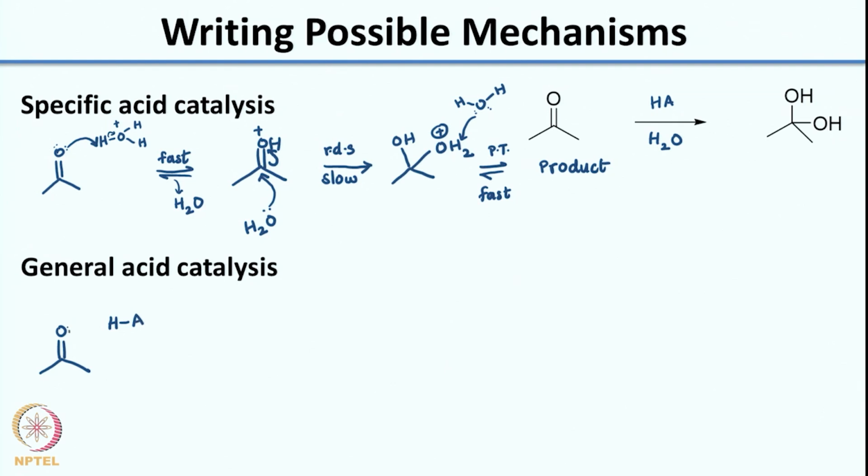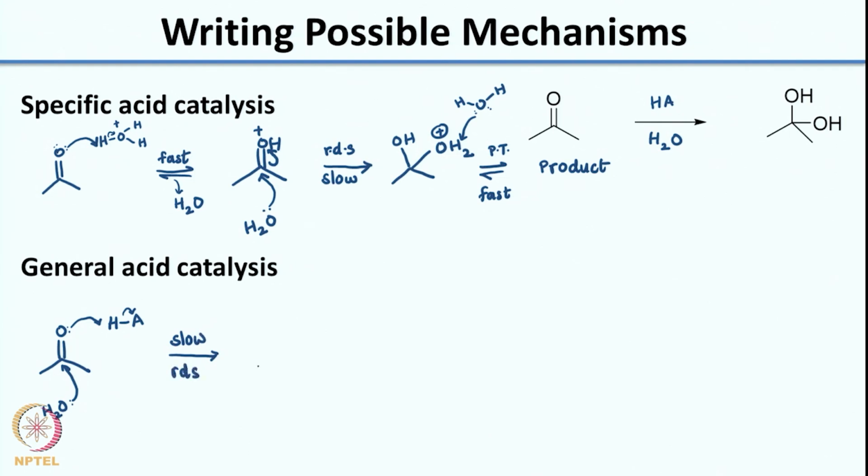So, let us say that this is getting protonated, and as you know, proton transfers are usually quick. So, if it is a general acid catalysis, presumably the water is also adding in at that point, and this is your slow step or your rate determining step.